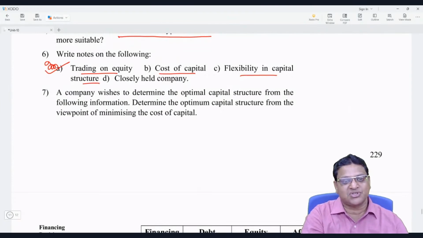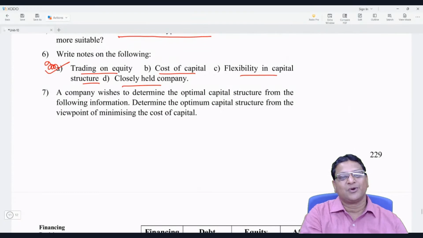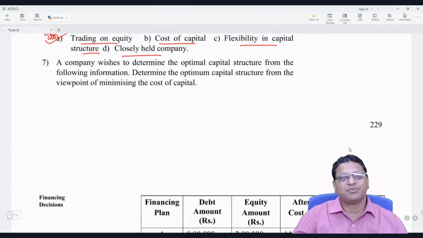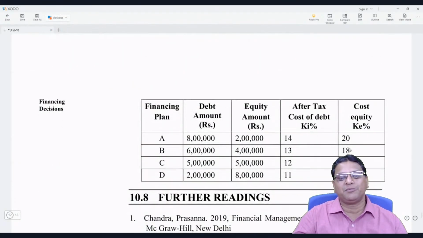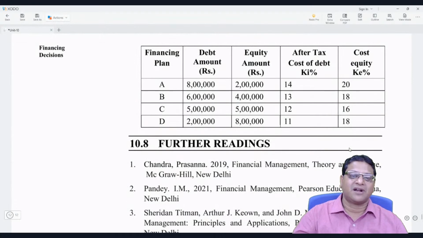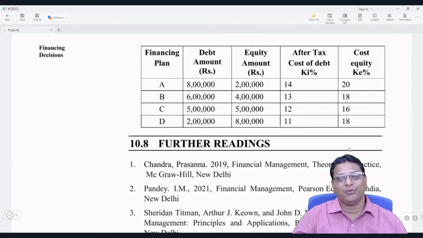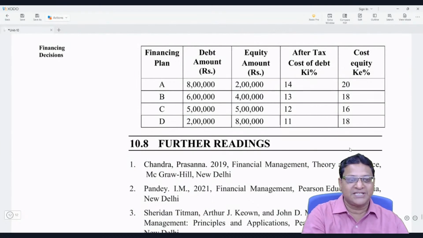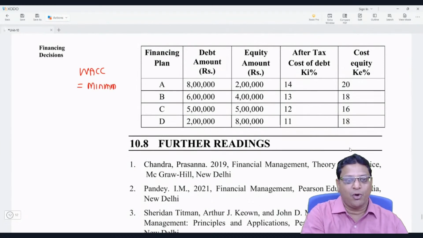Flexibility in capital structure, widely held company, closely held company, we have discussed all these things. And there is a problem also on calculation of optimum capital structure. You will try it at home. You have to decide that capital structure where WACC is minimum or weighted average cost of capital is minimum, that is the optimum capital structure.